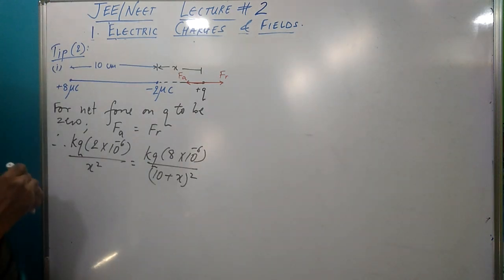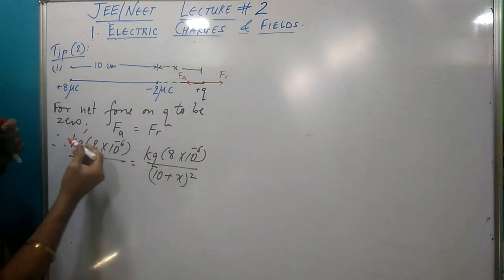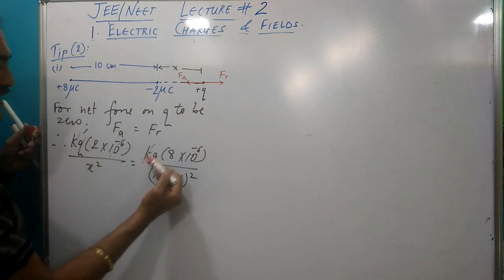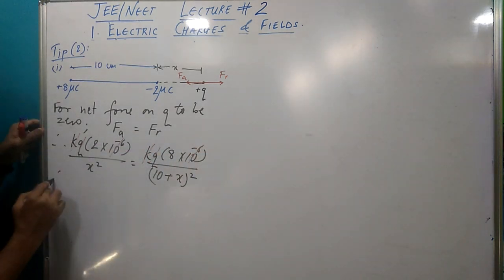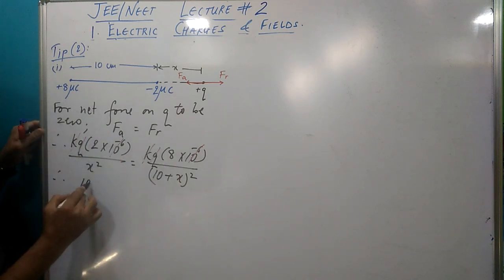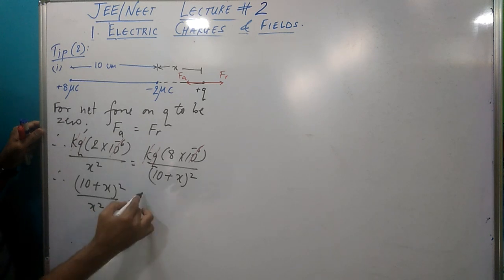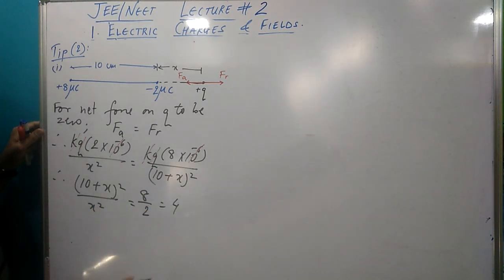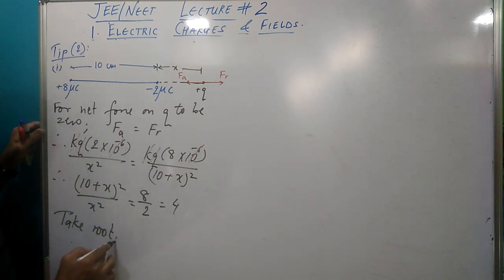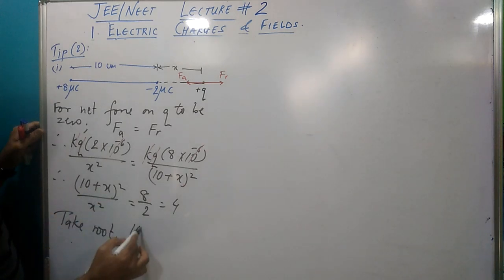Now, if you go on the cutting spree, you might be able to cut KQ 10 raised to minus 6, KQ 10 raised to minus 6. And what are you left with? Let's take 10 plus x upwards over x square is 8 by 2, which is 4. Now, there is nothing left except taking root. So, take root. What do we have? 10 plus x by x.